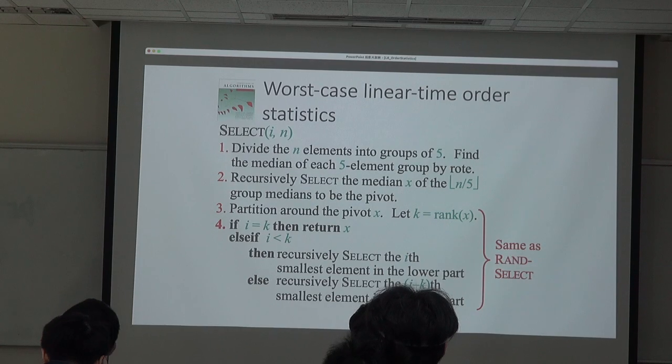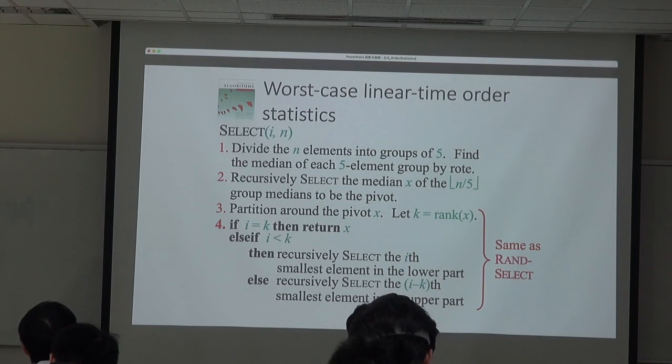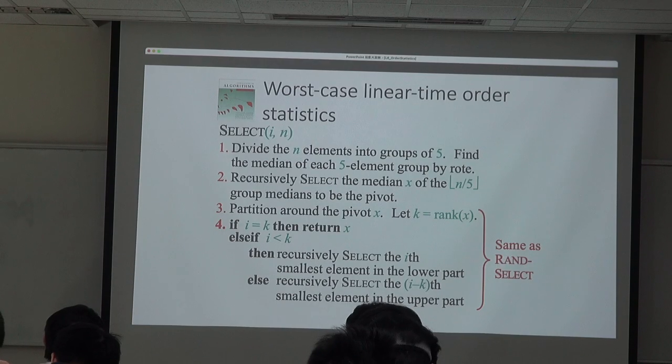From this point on, steps 3 and 4 are basically identical to the previous random partition. Nothing different. The only difference is the first 2 steps, to be very honest with you.